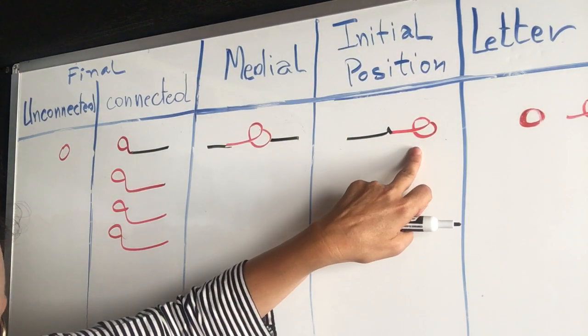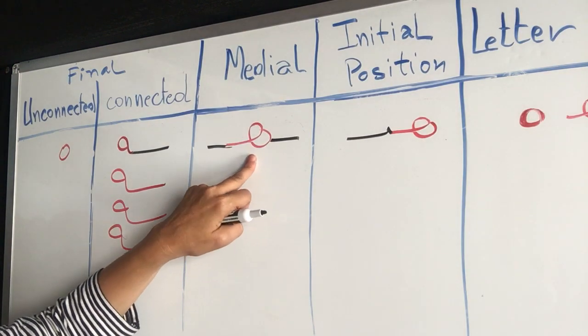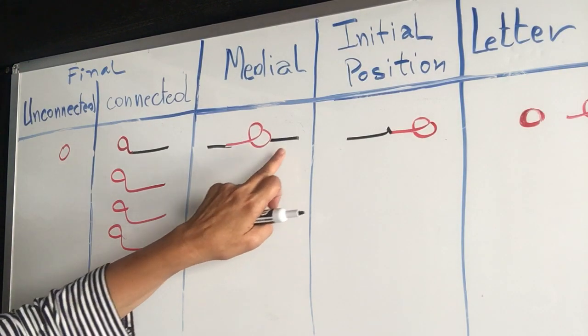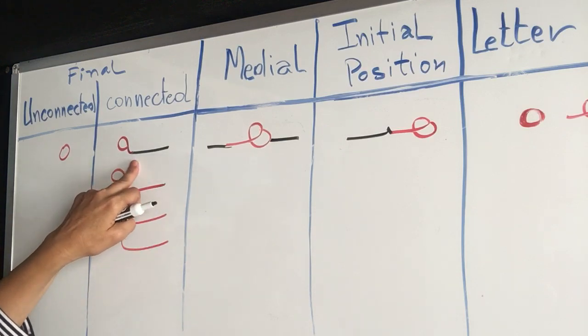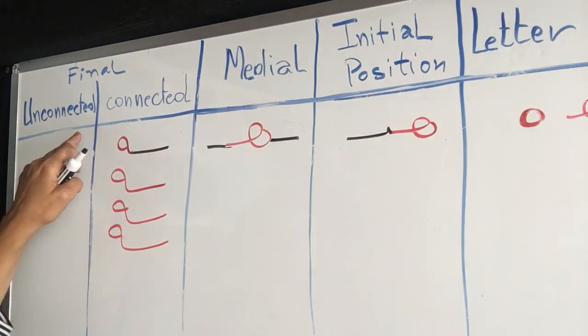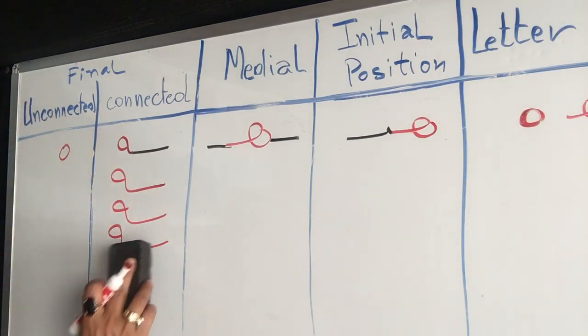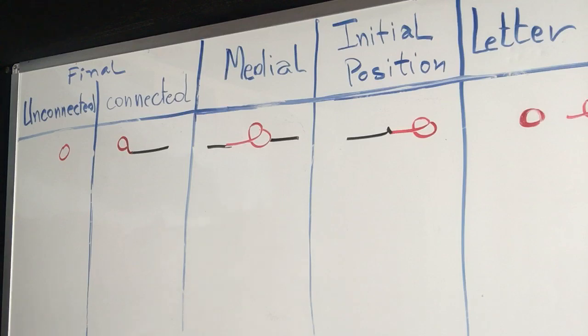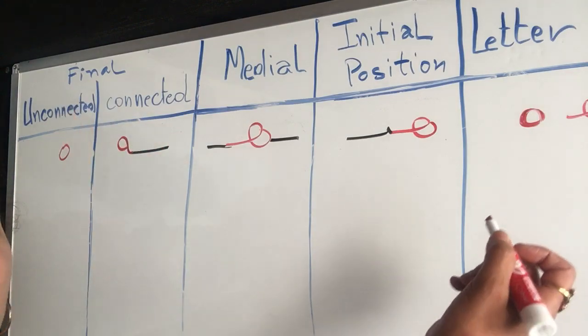So this is ha at the beginning of a word, like Harry. This is ha in the middle of a word. I can have ba, ha, ra. This is at the end. It can be ta, ha or te, ha. Okay, so after ha I have ka, la, ma, na, ha, wa. Look at the wa.